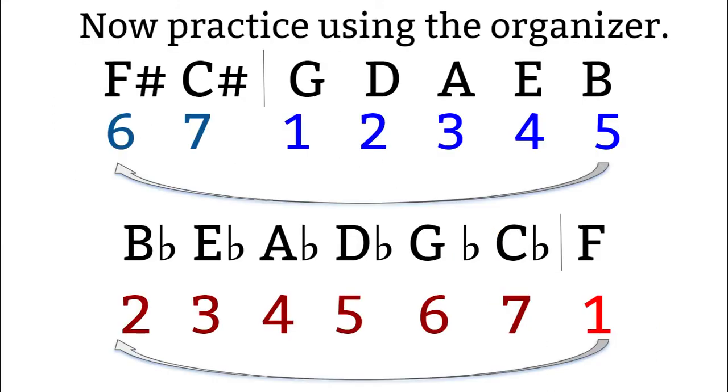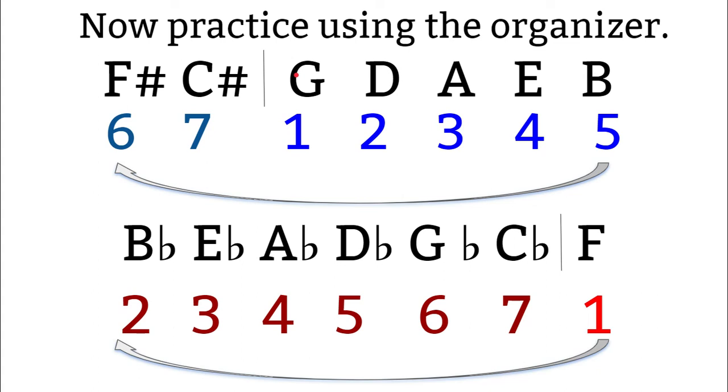Okay, so now I want you to practice using the organizer. So this is what I want you to do on your assignment, or on your piece of paper. Take your pencil. The key of A has three sharps, and they are F sharp, C sharp, and G sharp.